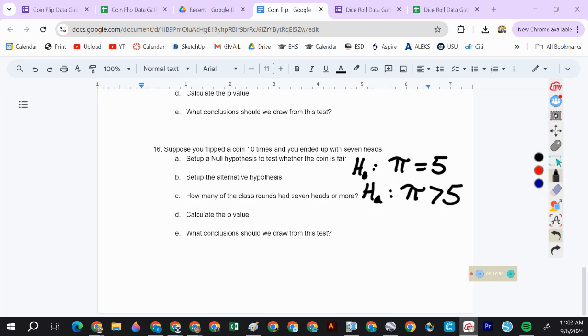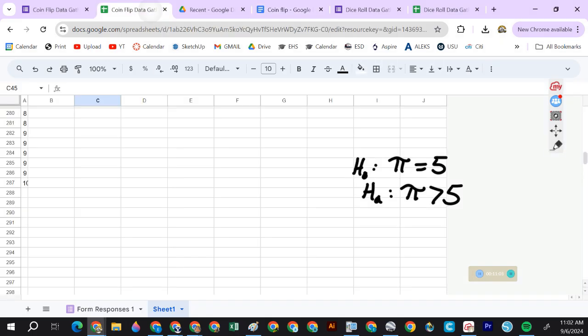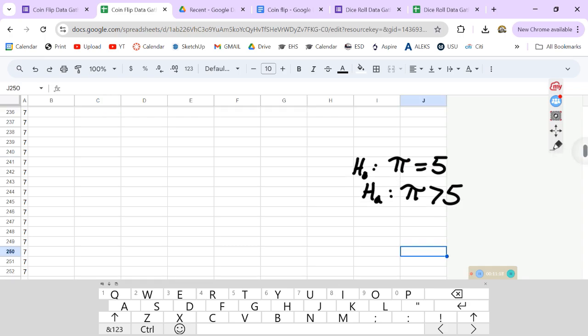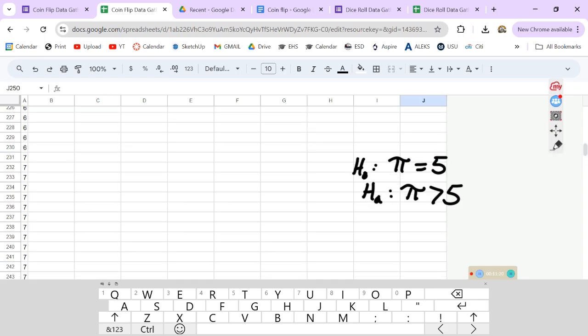So how many of the class rounds had 7 or more? Let's go figure that out. So let's keep track of this. Actually, we could just calculate it. So from 287 all the way up to 231.